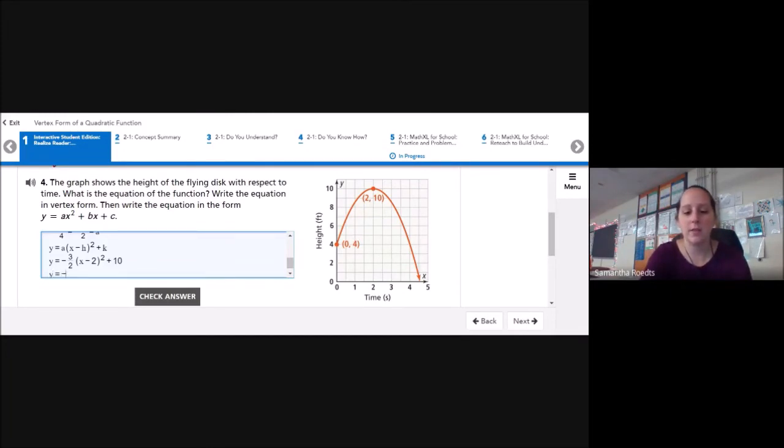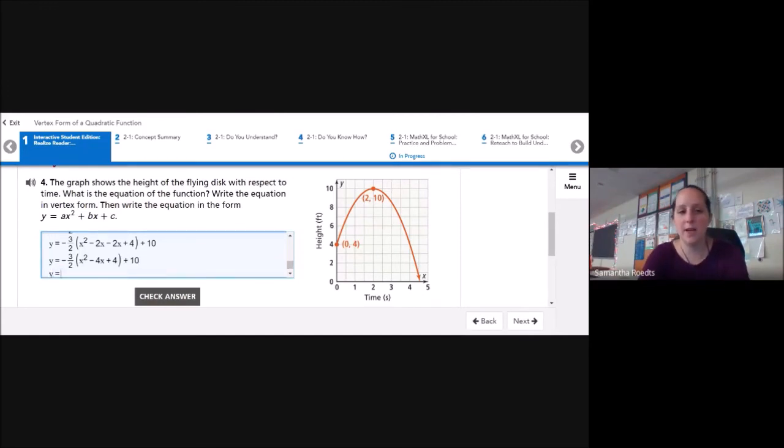So y equals negative 3/2 times (x minus 2) times (x minus 2) plus 10. Oops. It gives me x squared minus 2x minus 2x plus 4. So y equals negative 3/2 times (x squared minus 4x plus 4) plus 10.